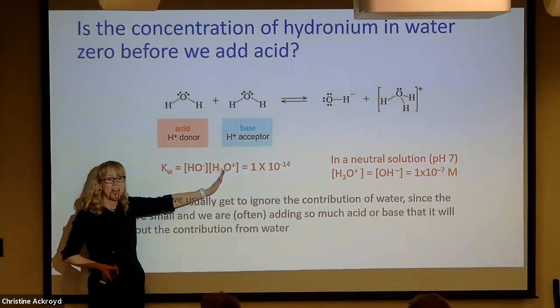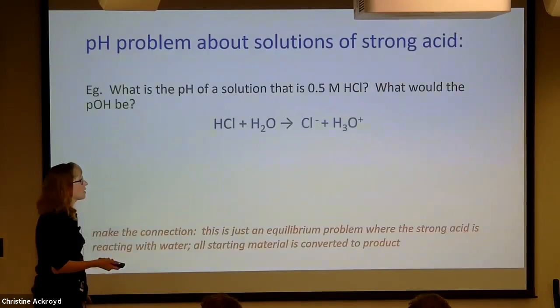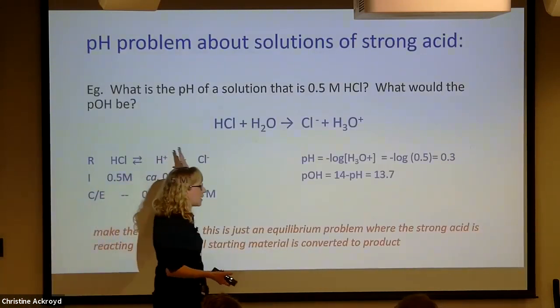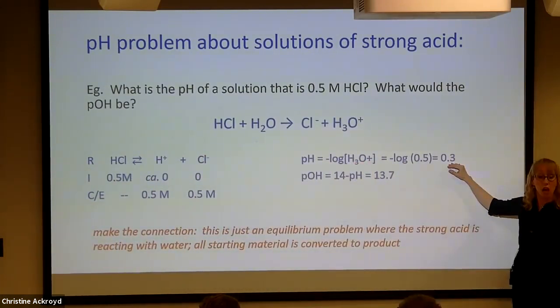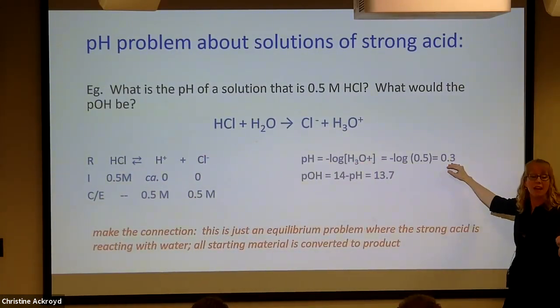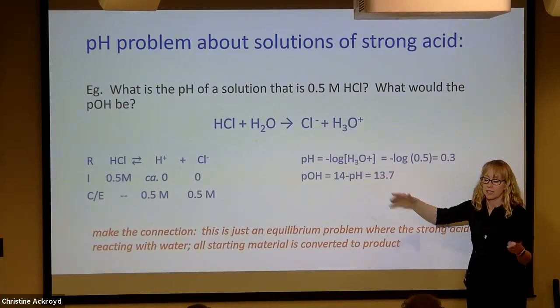So if hydronium is high, what do we know about hydroxide? It's low. Okay, so we go back to this HCl solution. We added a whole bunch of hydronium. pH is low, meaning we have a lot of hydronium, which means we have to have not very much hydroxide. So the pOH should be high, meaning there's not very much hydroxide. That's what it is.